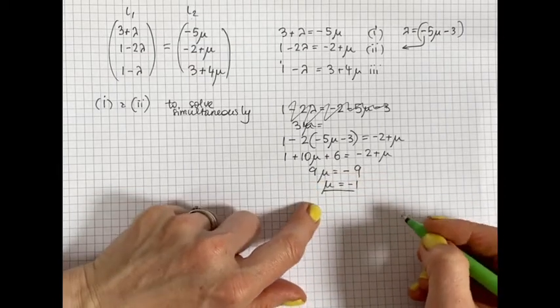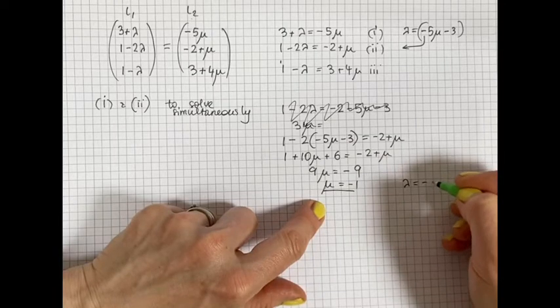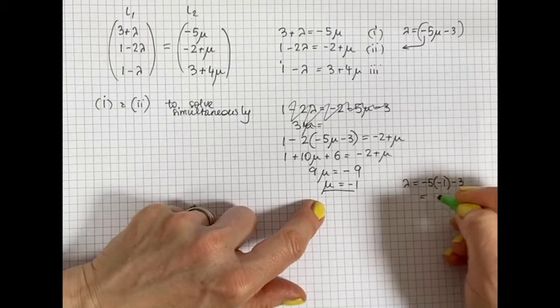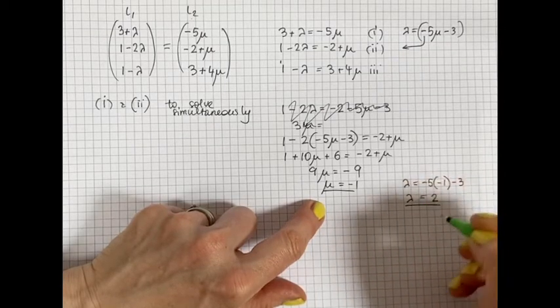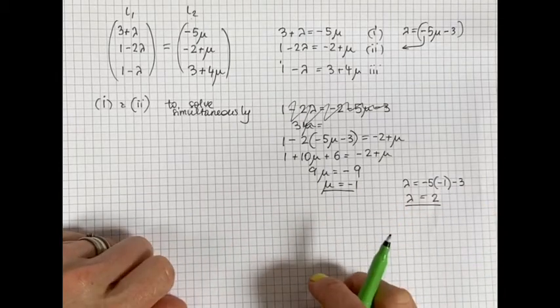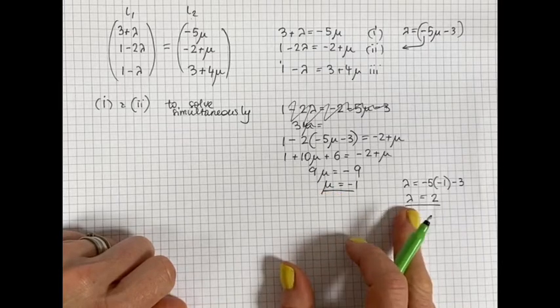That's a nice answer. So lambda is going to equal minus 5 times minus 1 minus 3, which gives me 5 minus 3, which is 2. Now, if you're just finding the point of intersection without proving it, you just need either mu or lambda, and you substitute.